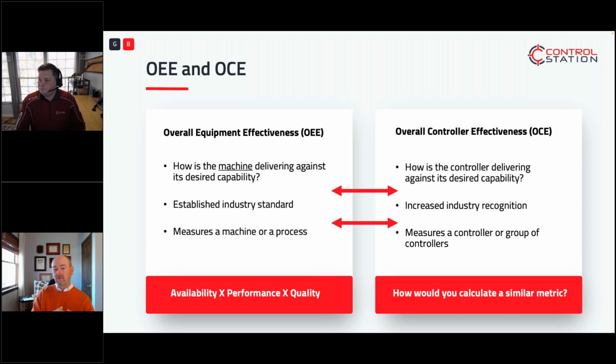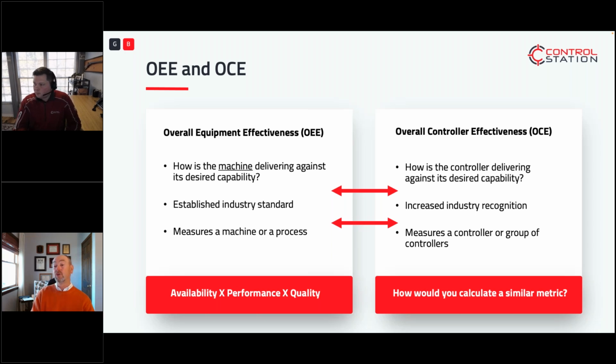This idea of overall equipment effectiveness was to say, how can I tell if a particular machine or even a process is doing the best that it can do, by looking at things like, is the machine or the process even running? Is it working? And then is it performing up to its level of capability, production rate, for example?